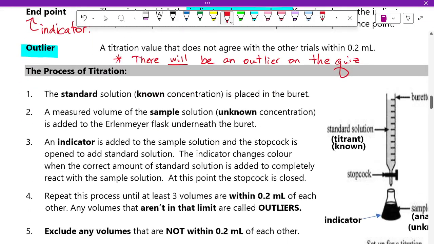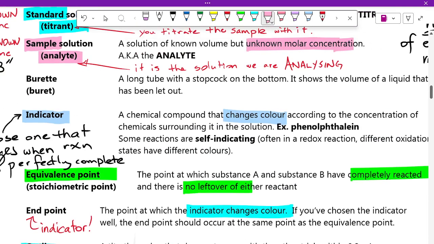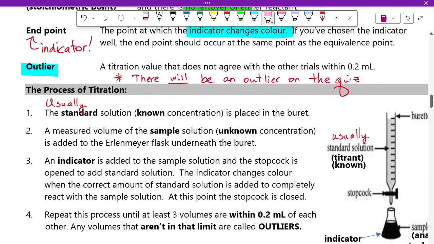So usually, the standard solution goes in the burette. The standard solution, what color did I do standard? Standard was blue.